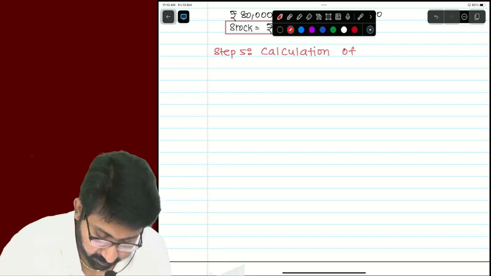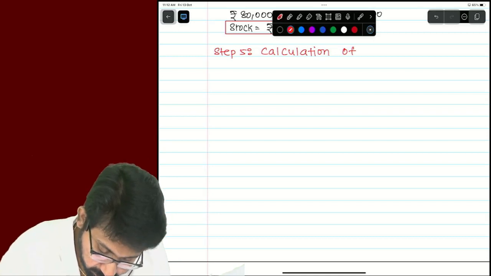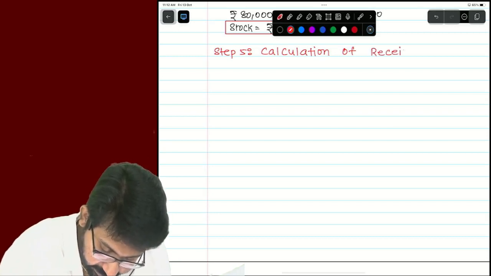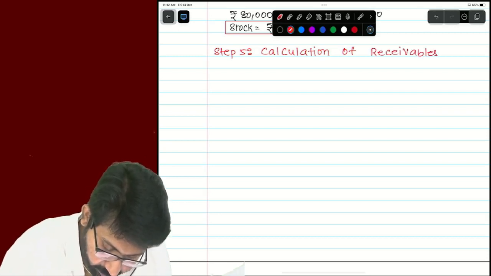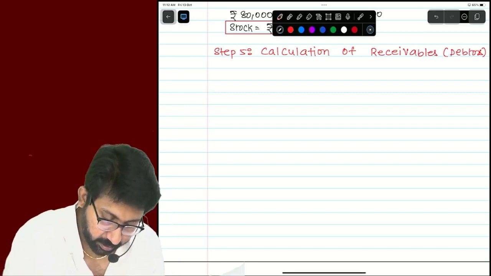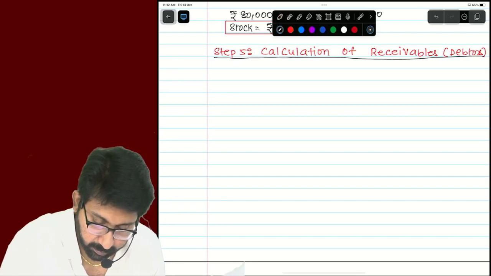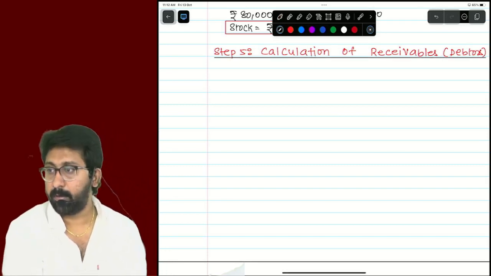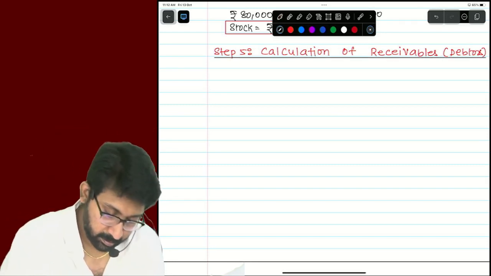Calculation of receivables. Brackets, less debtors. Okay, write down.